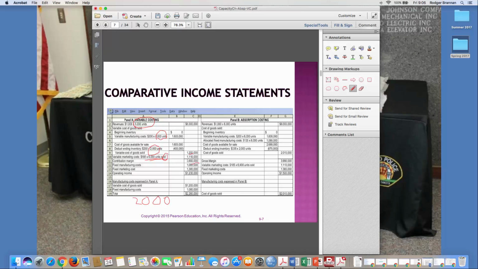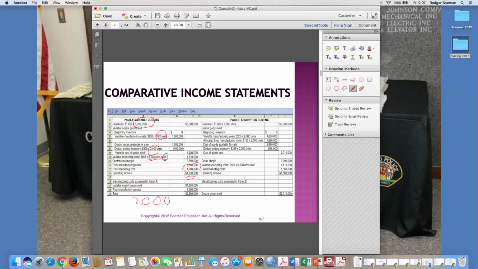Now, under variable costing, the fixed manufacturing cost of $1,080,000 and the fixed marketing cost of $1.38 are by definition a period cost. They simply get expensed. So I end up with the $1,230,000. Okay. All right.